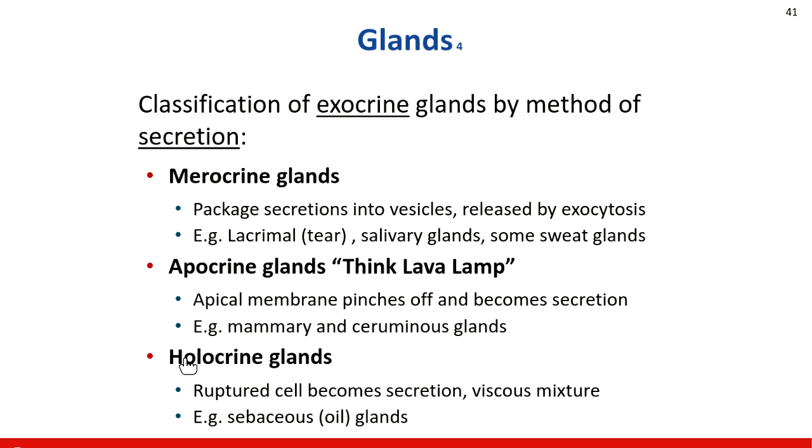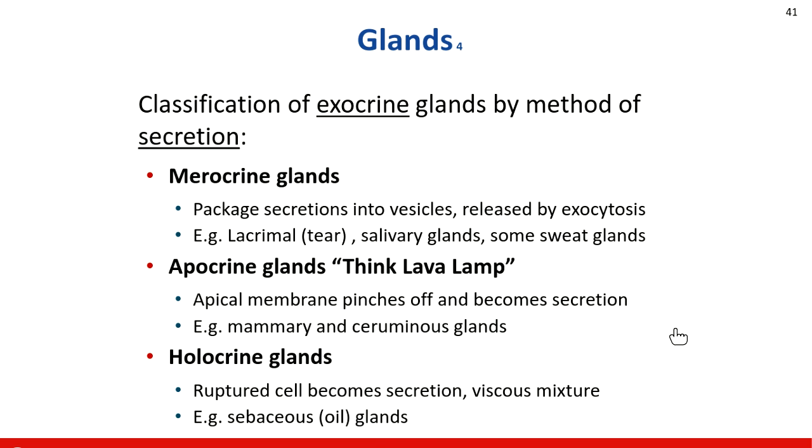That type of secretion is even thicker, more viscous. That's what we see with sebum from the sebaceous glands, the oil secreted onto your hair, or onto the peach fuzz of your face. That is a sebaceous gland secretion. So those are holocrine glands.